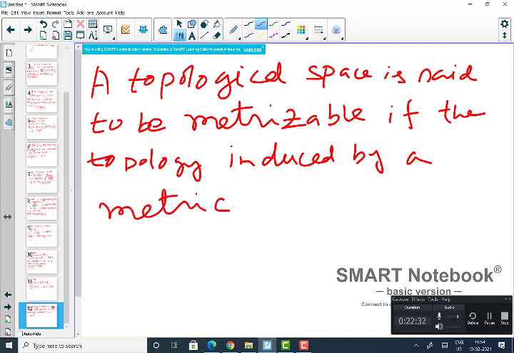For example, the discrete topology and the standard topology are all metrizable, okay.